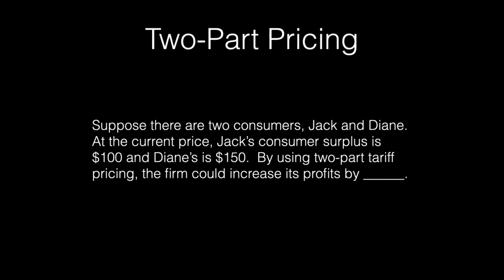If the firm charges an access fee of $150, then only Diane will purchase the membership, increasing the profits by $150. If the firm charges an access fee of $100, then both Jack and Diane will purchase a membership. This will increase profits by $200. When considering different access fees, it is important to realize that as you increase your access fee, you may lose some consumers. How this impacts profits depends on the situation.